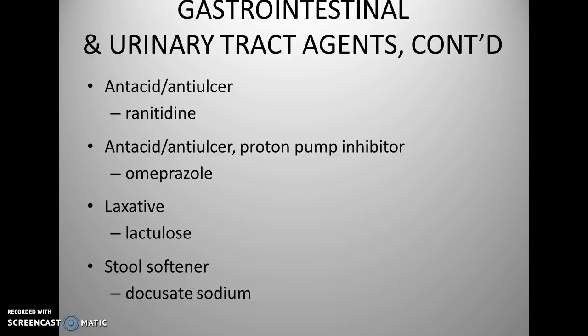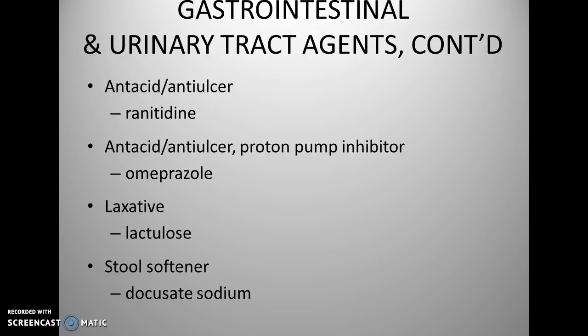Okay. So one of the examples of that is ranitidine. Okay. And ranitidine is an anti-ulcer agent. And the brand name, of course, you have seen the commercial, is Zantac.